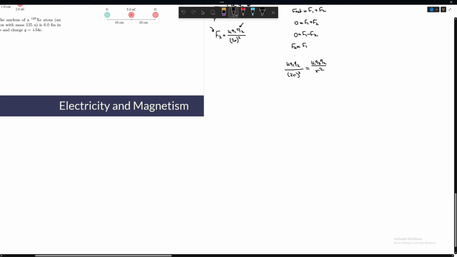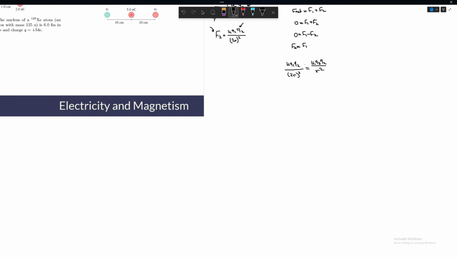Now, isolating for Q1 because that's what we want. I'm going to divide both sides by Q2, so Q2 will cancel out, equaling 1. I'm going to divide both sides also by K. These two will also cancel out. What I'll have left is Q1 equals Q3 times my 2r squared all over r squared.